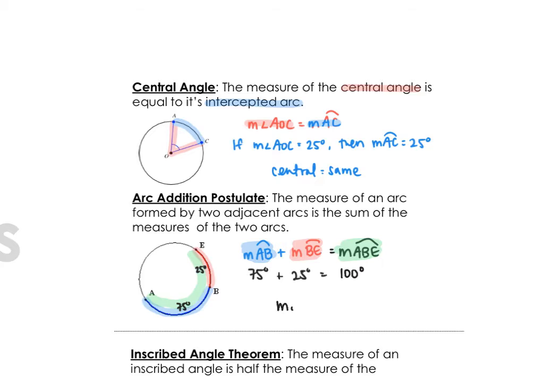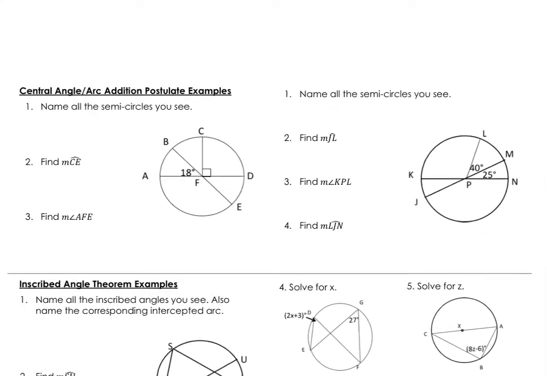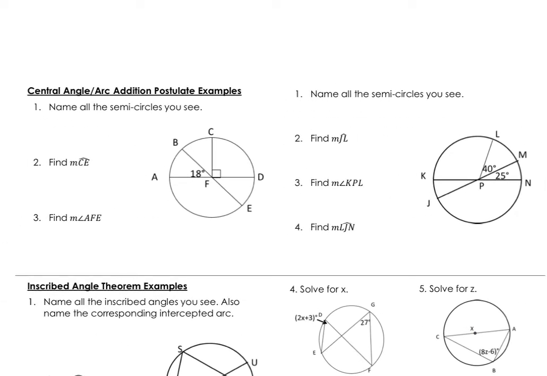So the measure of arc ABE is 100 degrees. Now let's look at a couple examples and how we can use both the central angle and arc addition postulates to solve for missing arcs and angles.